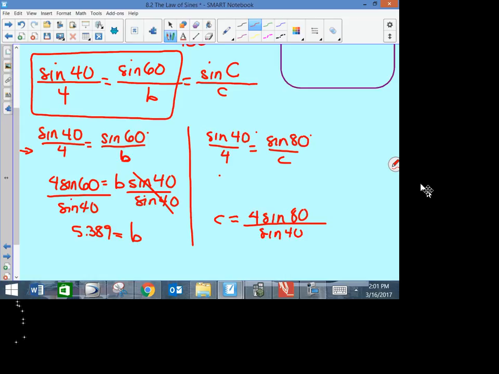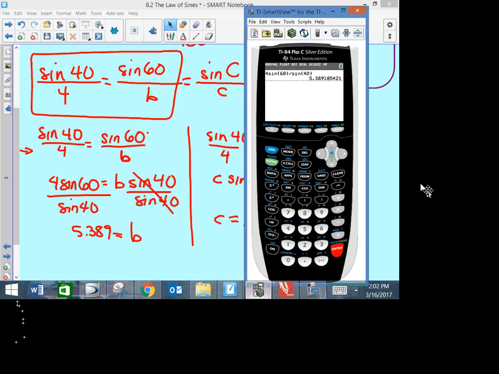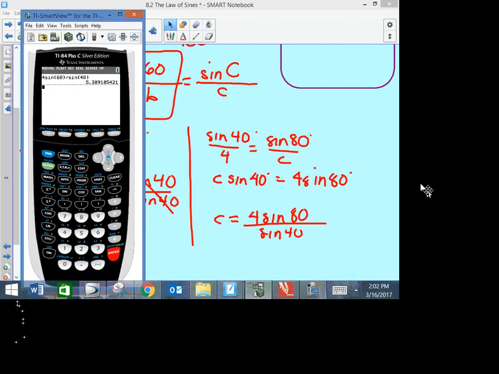Okay, if you need to do that step, the cross multiplication, do it. No shame in that. Sine of 80, close your parentheses, divided by sine of 40.